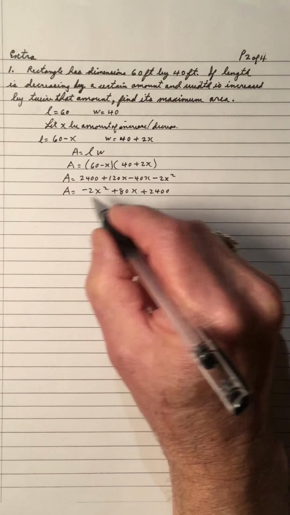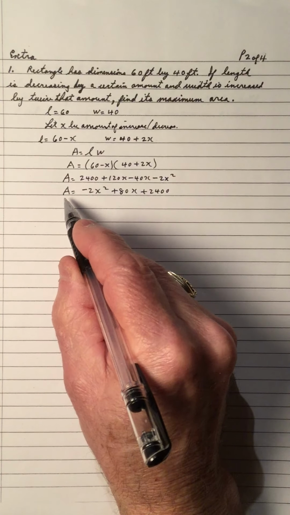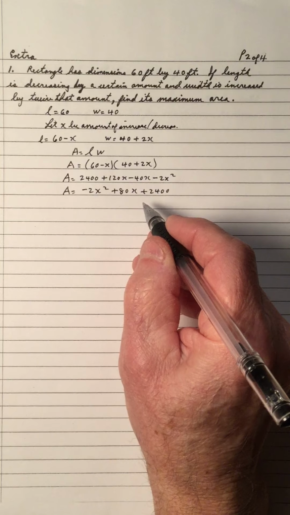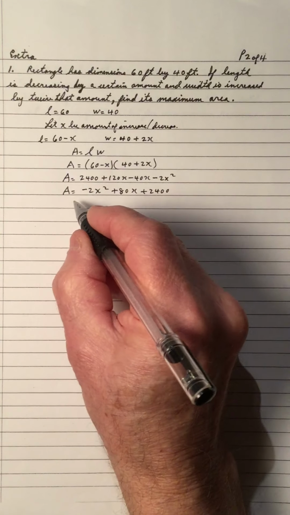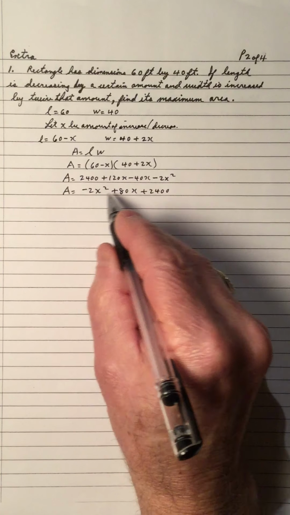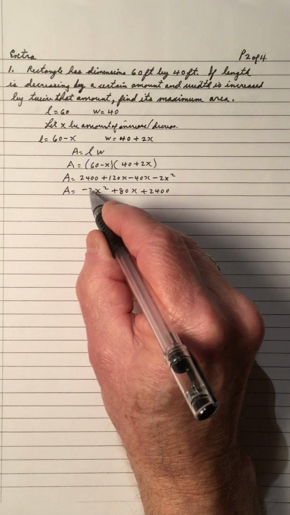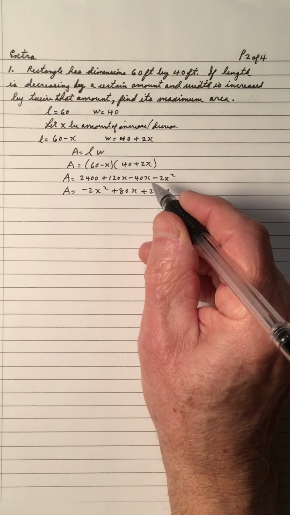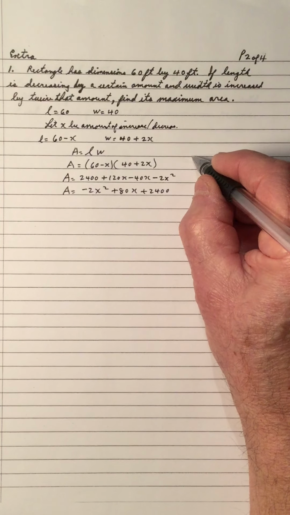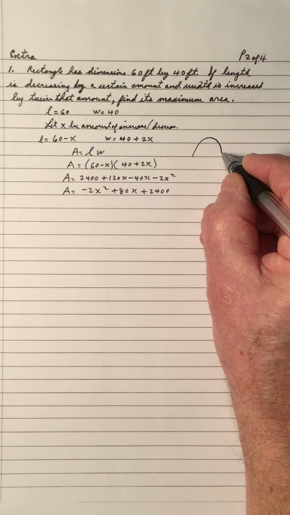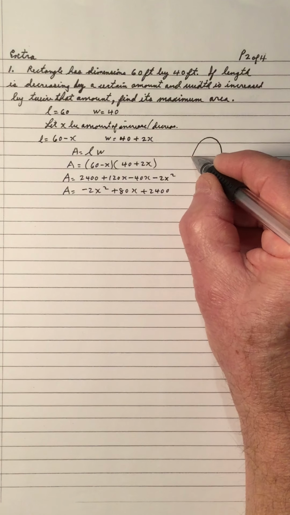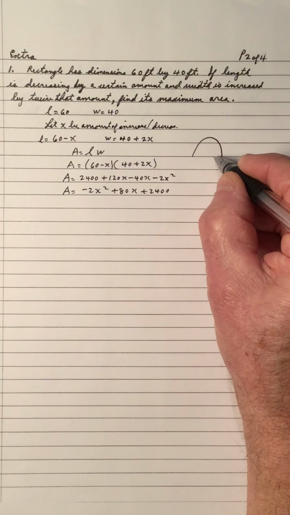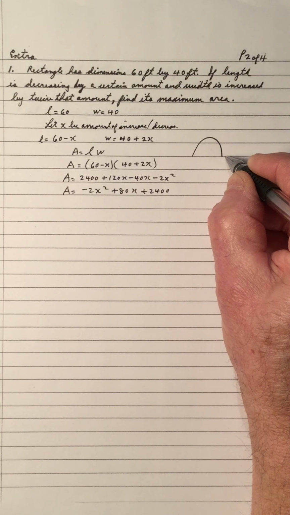So the equation is A, area is a function of x, and x is the amount of increase or decrease. As a result, we have a quadratic, and because it's negative, we have a maximum, meaning the parabola shape.